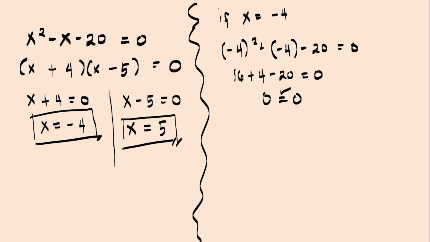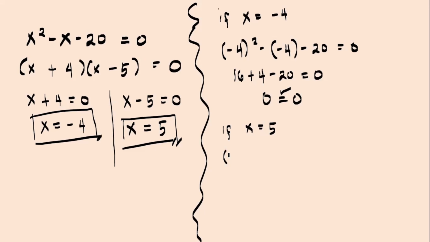So therefore, this x is equal to negative 4 is the solution for this equation. How about if x is equal to 5? Okay, again, substitute lang yung value ni x.